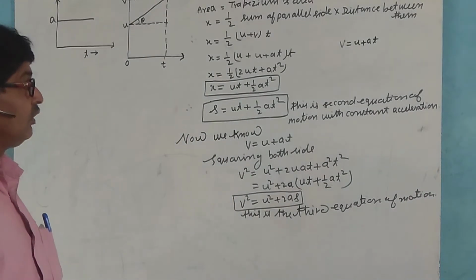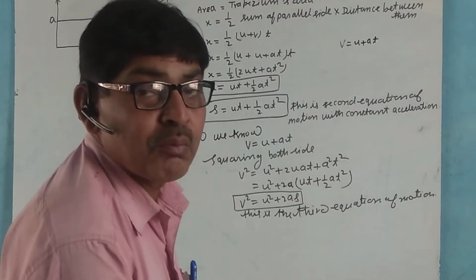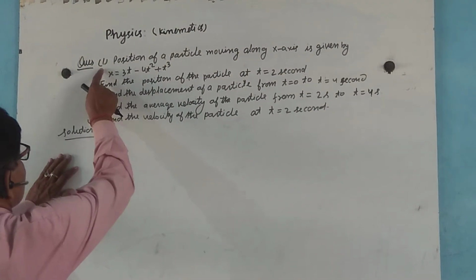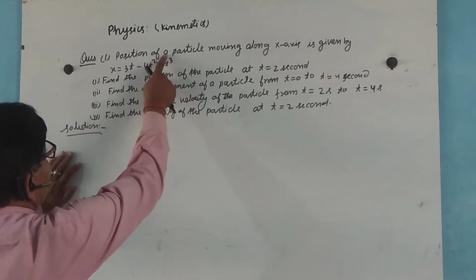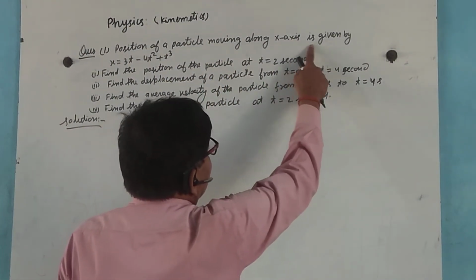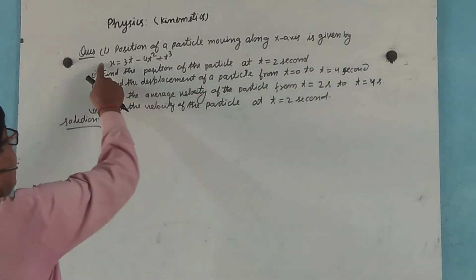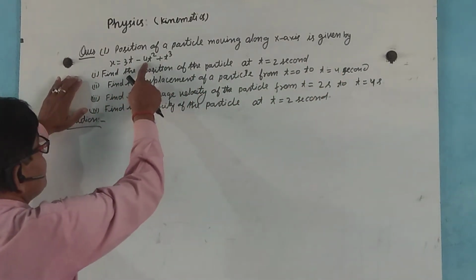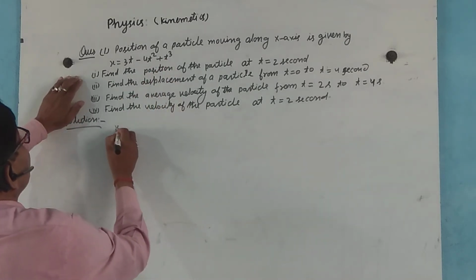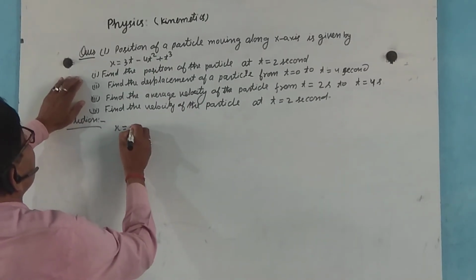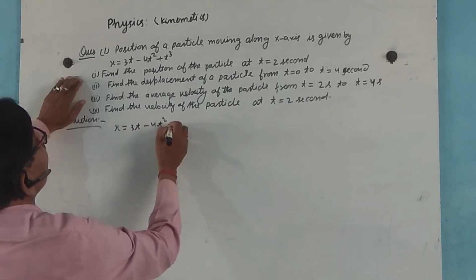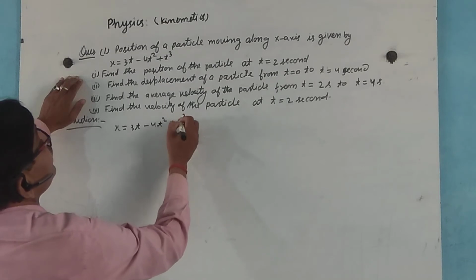Now we take some problems. Question 1. The position of a particle moving along the x-axis is given by x equal to 3t minus 4t square plus t cube.